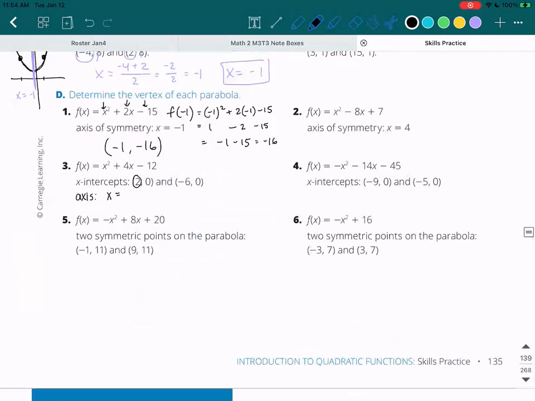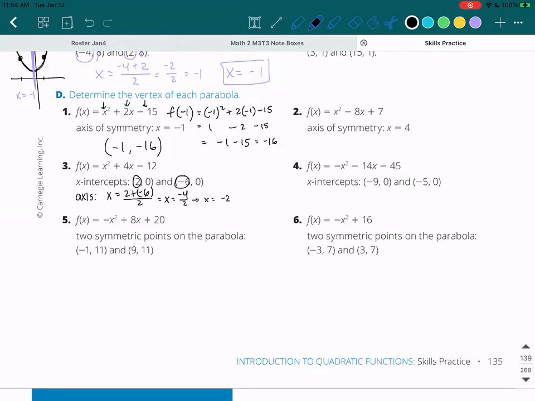So we have 2 plus -6 divided by 2. So solving for our axis, we get x equals 2 plus -6 is -4, and then we divide it by 2. So that means it gives us x equals -2.